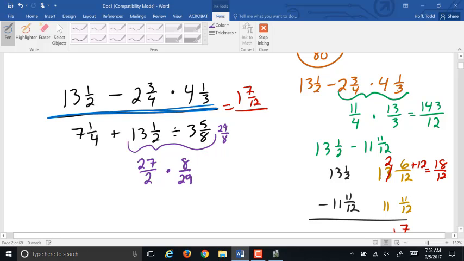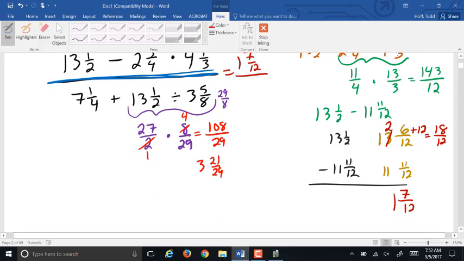It should be 8 over 29, and now it's multiplication. So we can cross cancel the 2 and the 8, give me 4 and 1. 4 times 27 is 108 over 29, which is 3 and 21/29, correct?